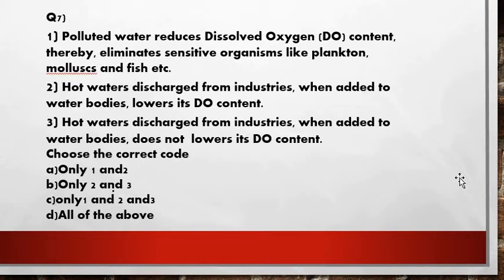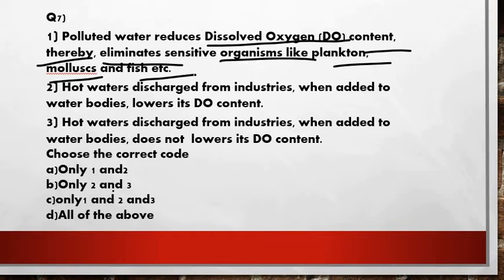Next we move to the seventh question, that is: polluted water reduces dissolved oxygen content, thereby eliminating sensitive organisms like plankton, molluscs and fish, etc. Next statement says hot water discharges from the industries when added to water bodies lower its dissolved oxygen content.